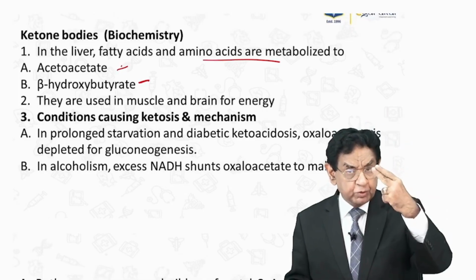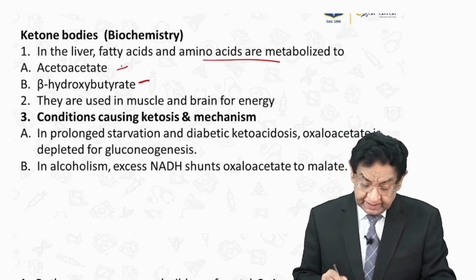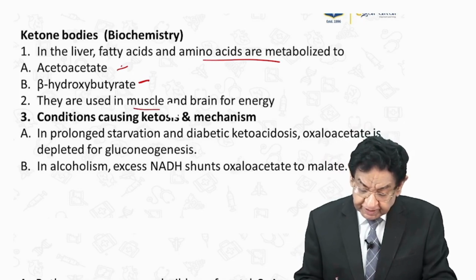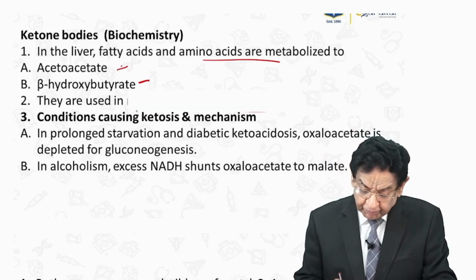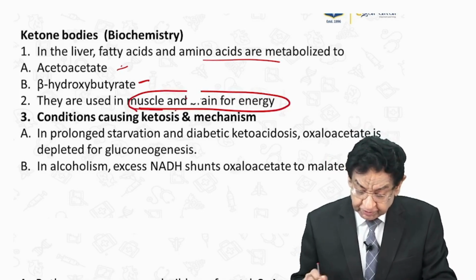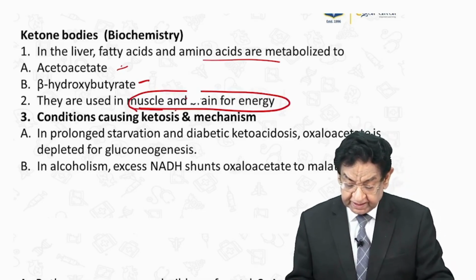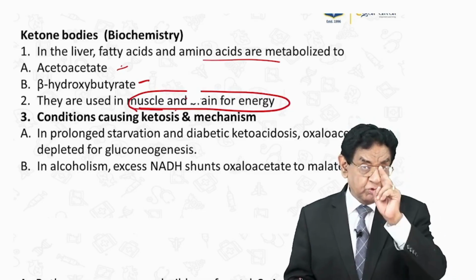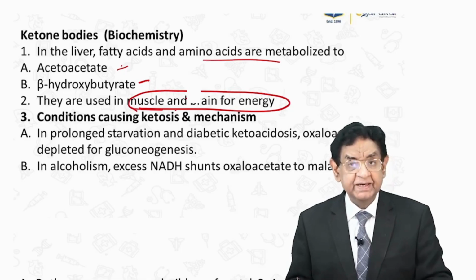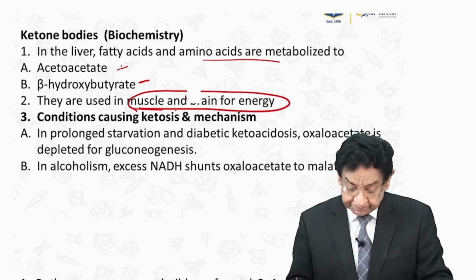These are the two ketones, and they are used in muscle and brain for energy. Very, very important point. Can't afford to forget these two lines. Muscle and brain are the two organs which use ketones for energy.